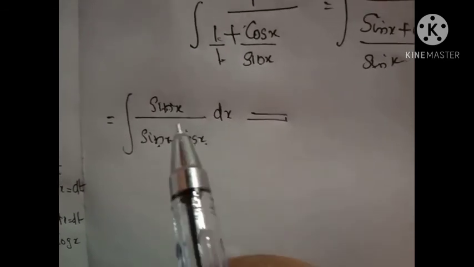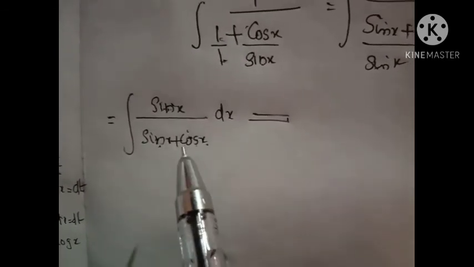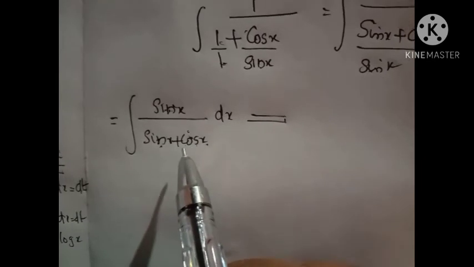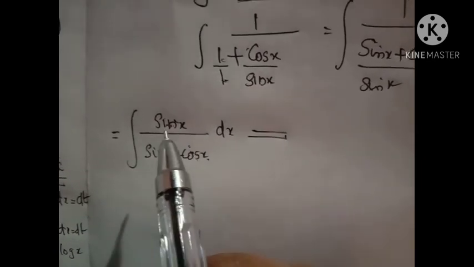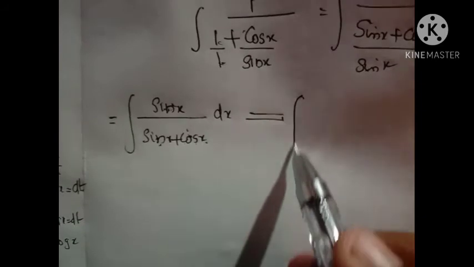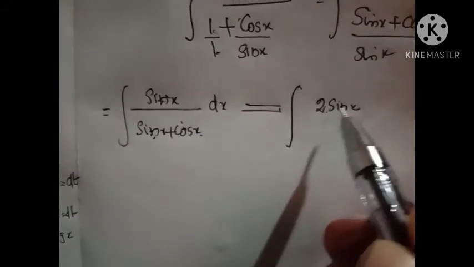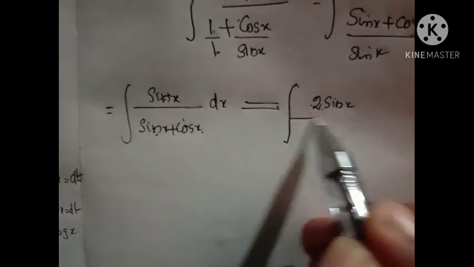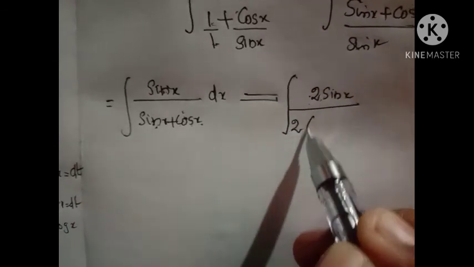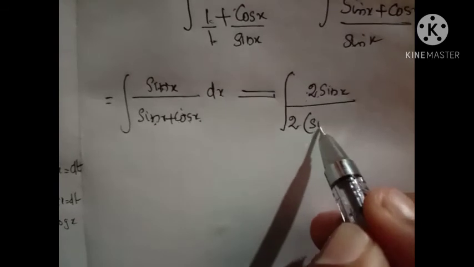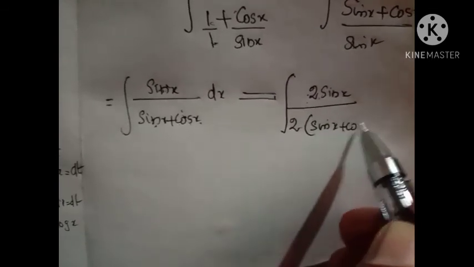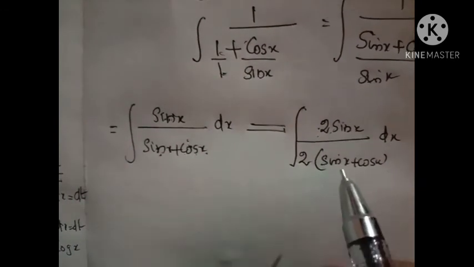So we have to make some more alterations here. Listen, we need cos x. Okay. So to obtain this, first we have to change this sin x as 2 sin x, just by multiplying with the 2. Automatically we need to divide. So 2 into sin x plus cos x, dx. If we cancel 2, there is no change. Okay.